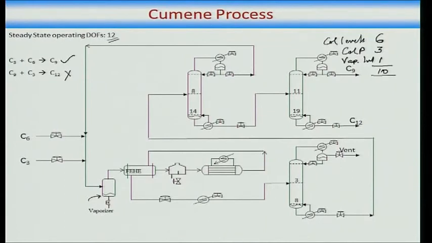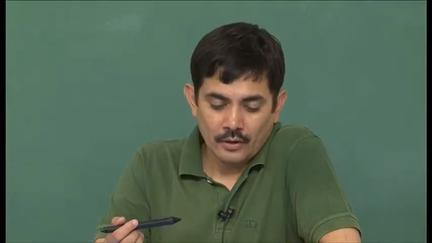This is my desired product, C12 is undesired product. So, I would like to ensure that my process is operated in a manner such that C9 is maximized and C12 is as small as possible, because C12 cannot be sold. Any C12 will consume reactants, but I do not fetch any money for it. On the other hand, any C9 that I produce will fetch me a lot of money. Okay.